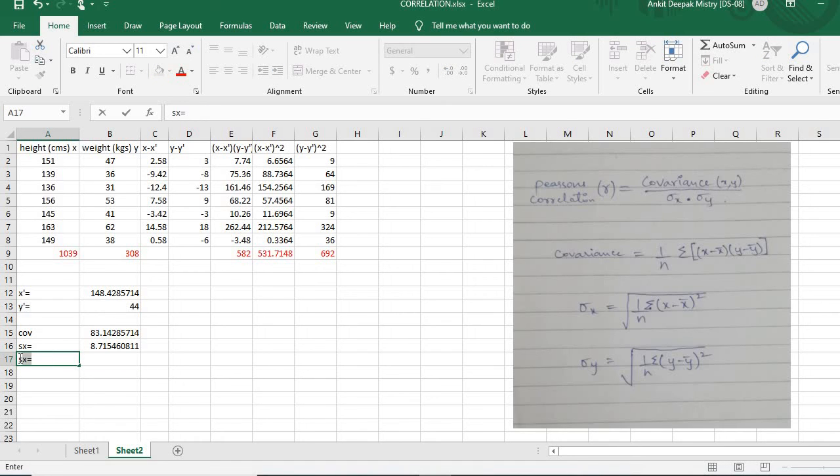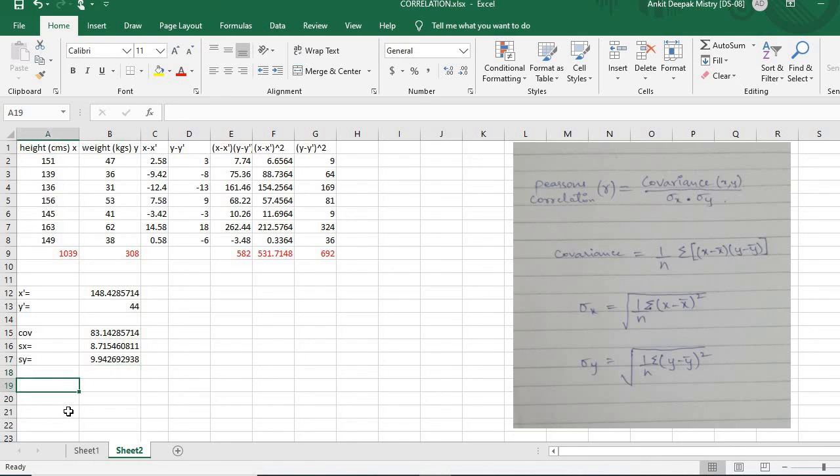Similarly, sigma y would be equal to the square root of y minus y bar the whole square divided by 7. So now we have our covariance, sigma x and sigma y.